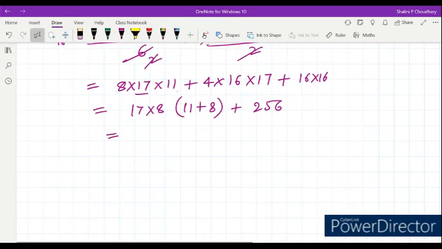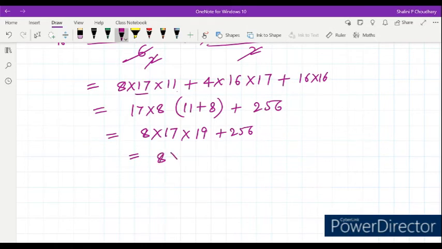So from this one we'll write 8 into 17 multiplied by this 11 plus 8 will be 19, and plus 256. So when we calculate, we'll take 8 common from both sides.